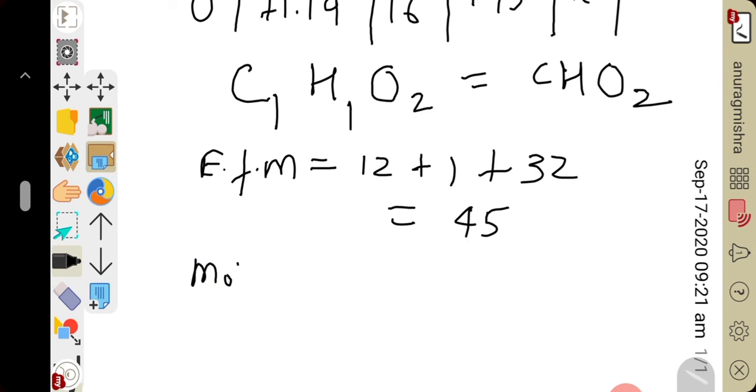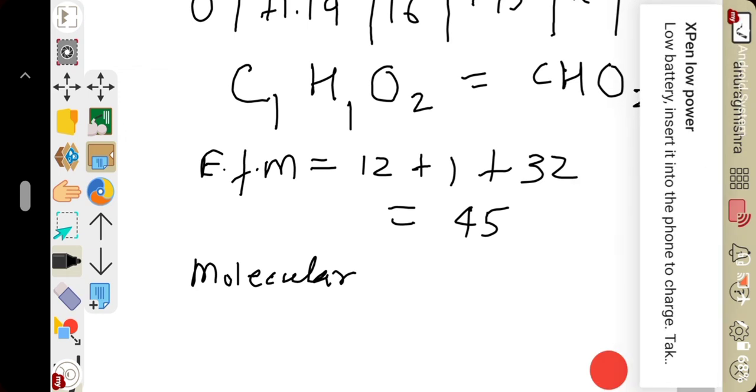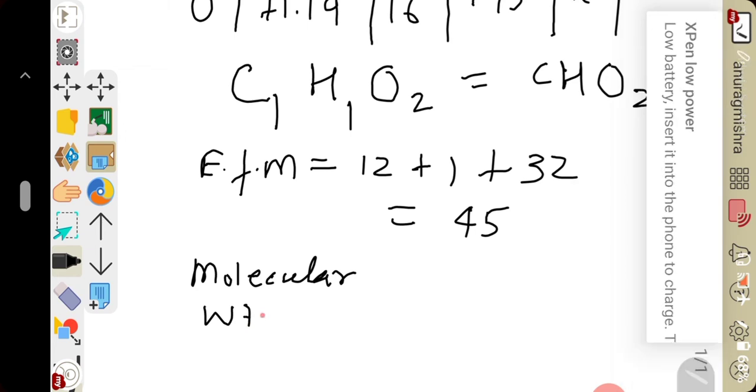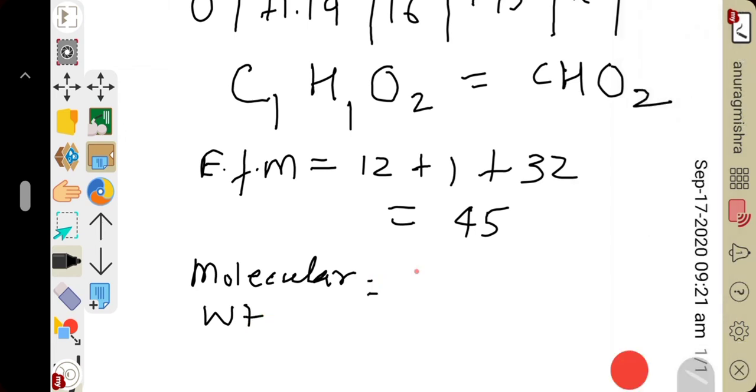Now come to the molecular formula mass, or molecular weight. Because vapor density is given, we have to correlate with reference to vapor density. Molecular weight is equal to 2 into VD. Here I am writing 2 into VD is equal to molecular weight.